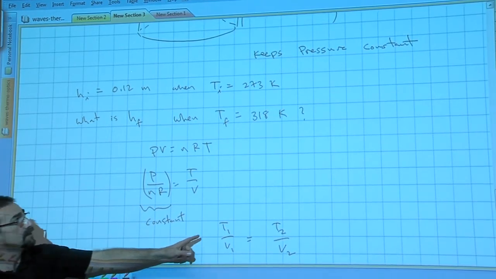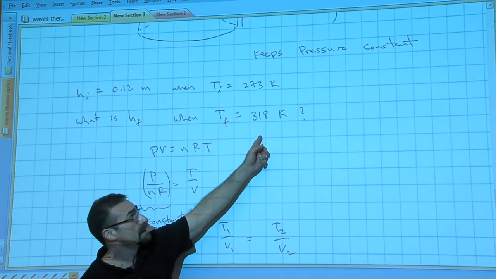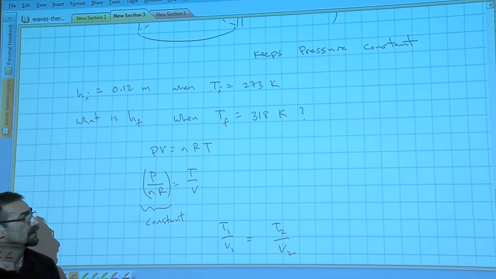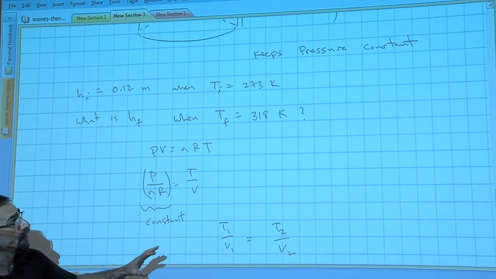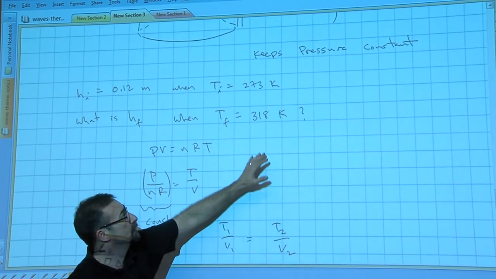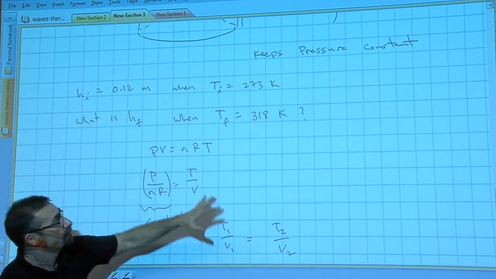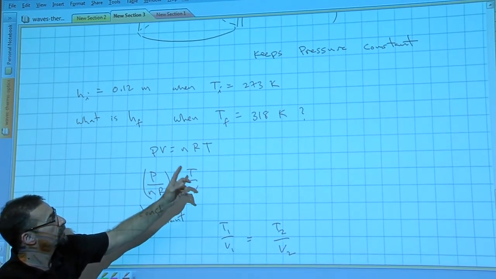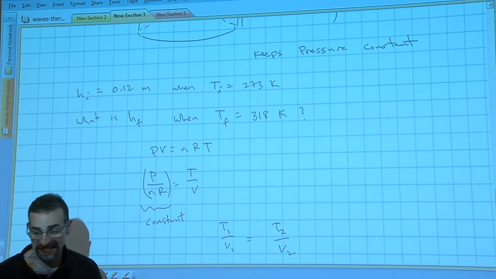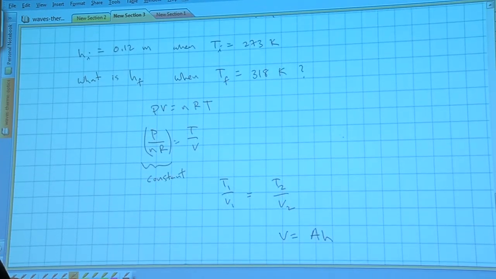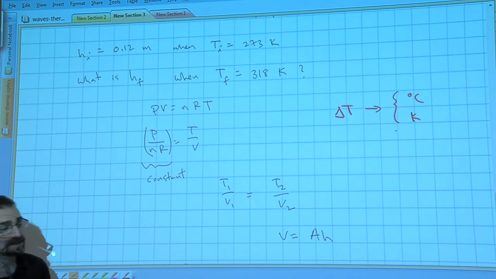Now notice I'm using Kelvin temperature, and it's often confusing. Sometimes we use Celsius, sometimes we use Kelvin. You're always safe if you use Kelvin. Where we can substitute Celsius is in equations where they use delta T instead of T. So if your equation has a delta T in it, then you can use either Kelvin or Celsius.